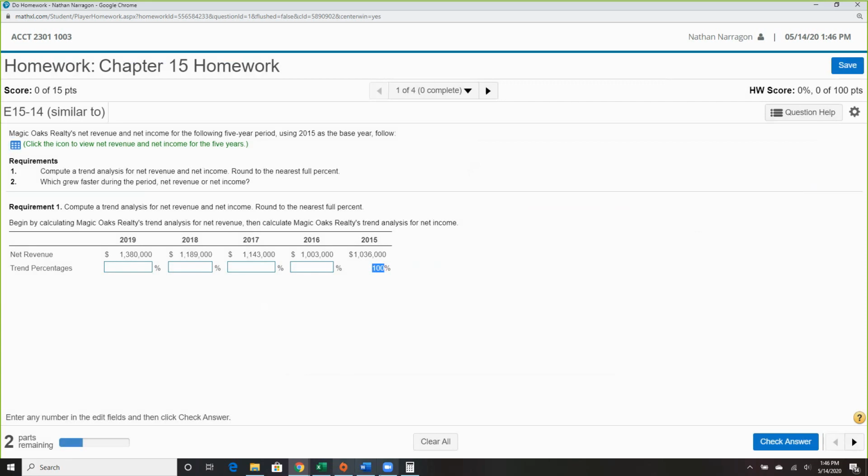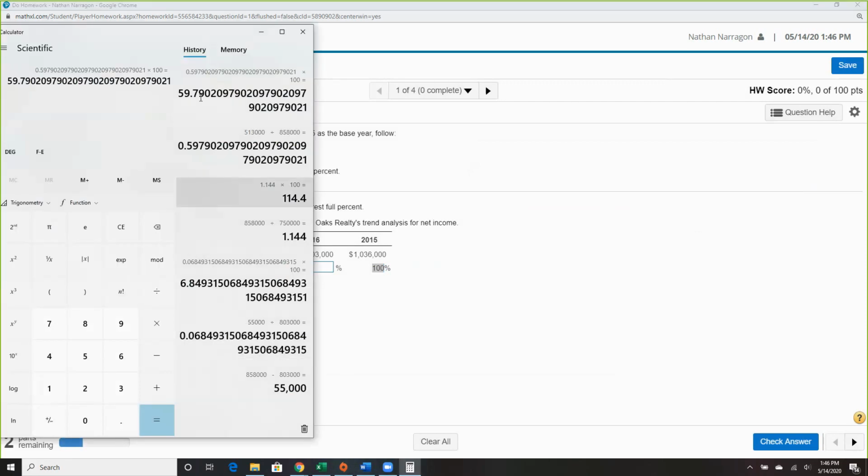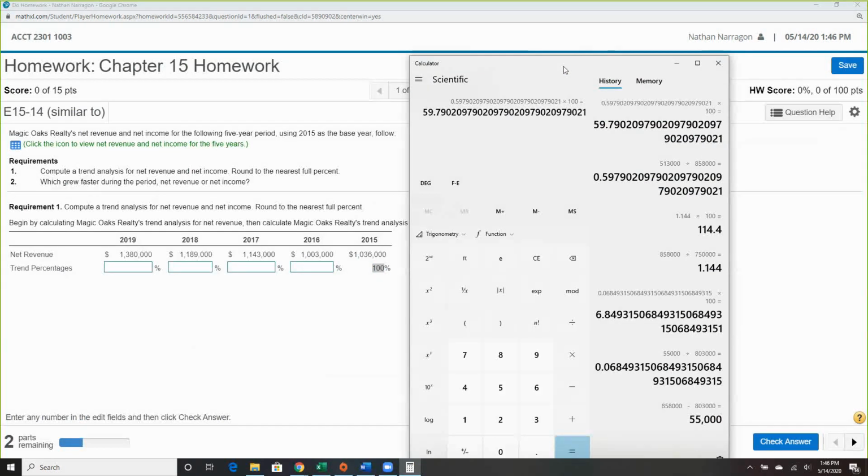So what we're going to do again is figure out all these numbers. We take whichever year we're using, we're going to divide it by the base year amount. So 16, we have 1,003,000 divided by base year.